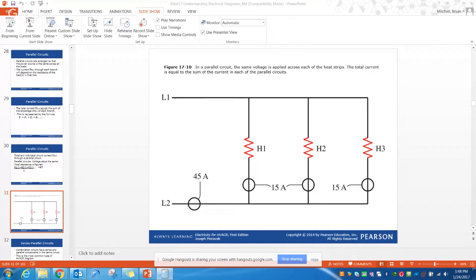So let's see what happens when we hit the divide. 0.18 divided by 3 equals 0.06. Yep.